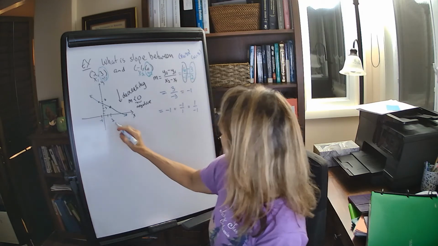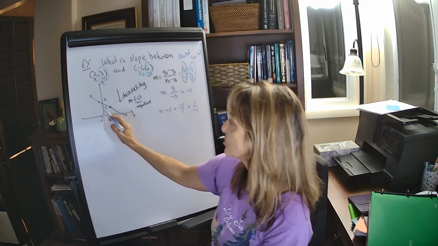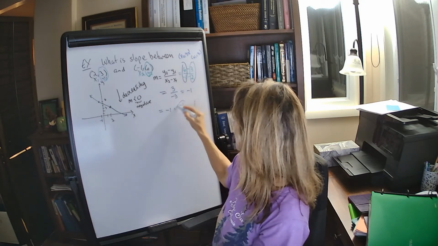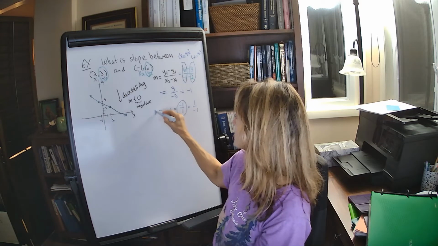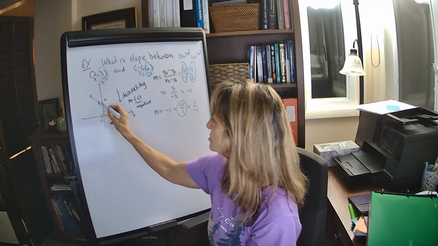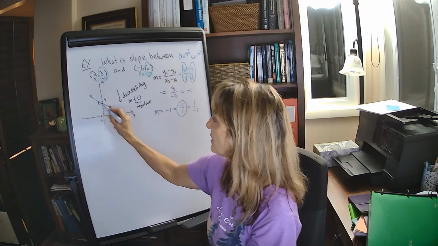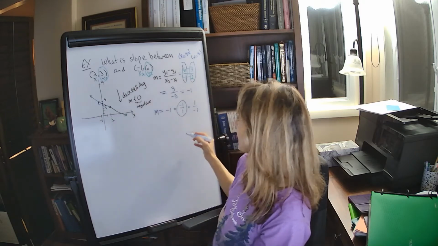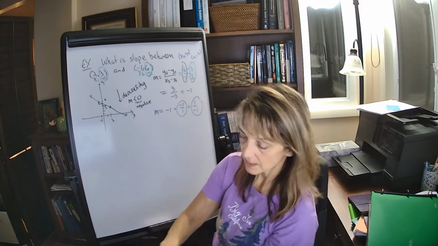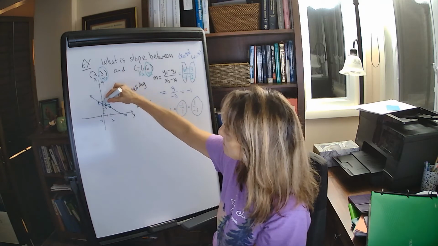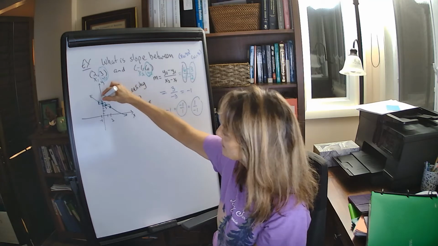Okay, so that means that on this graph, if I were to start at -1, 6, I can consider this version of the slope, right? Go 1 down and 1 to the right, 1 down and 1 to the right. And that gives me a point on the line. I can also use this version, and I can take a point on that line and go up 1 and to the left 1.